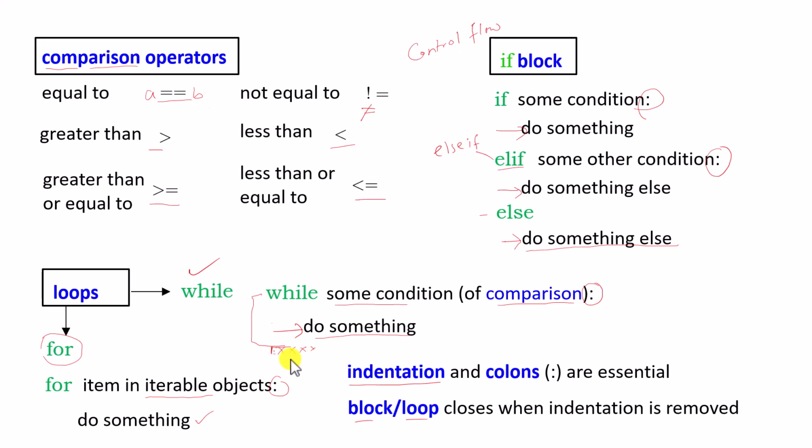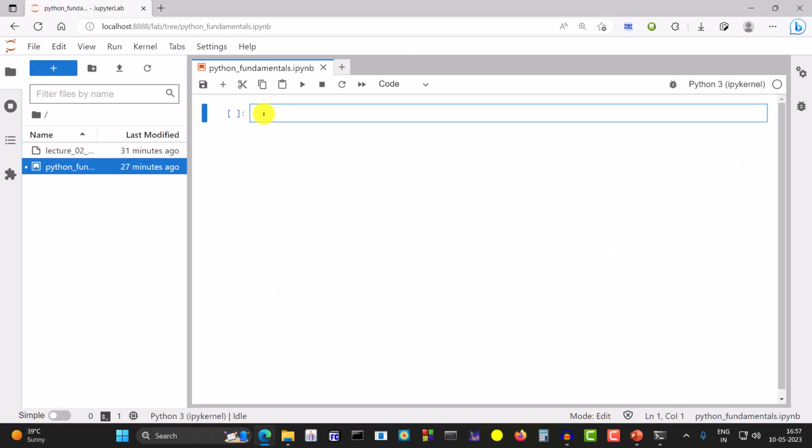We can now go to our Jupyter lab and try some of these things that we have learned. So here we are in our Jupyter lab, and let us say we first check the math function. To invoke the math function, of course, we have to first import it.